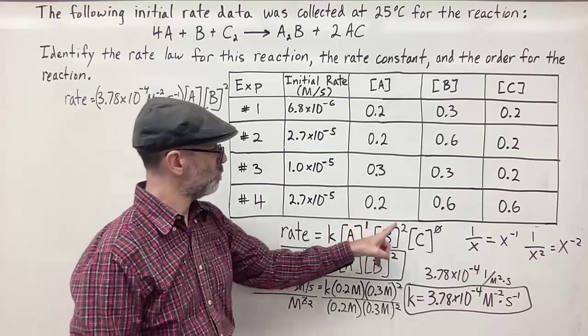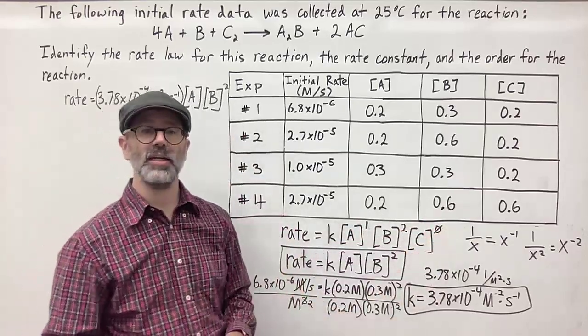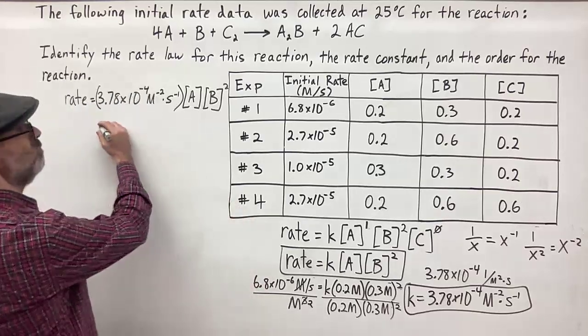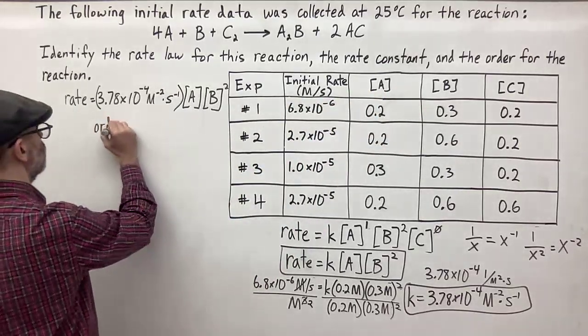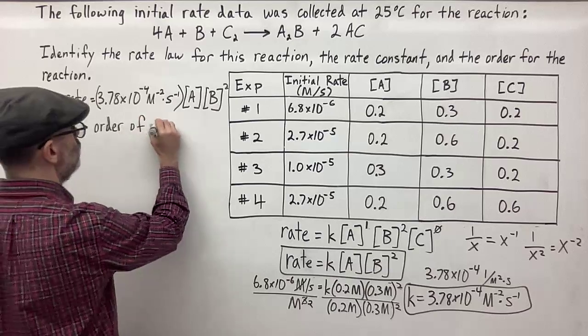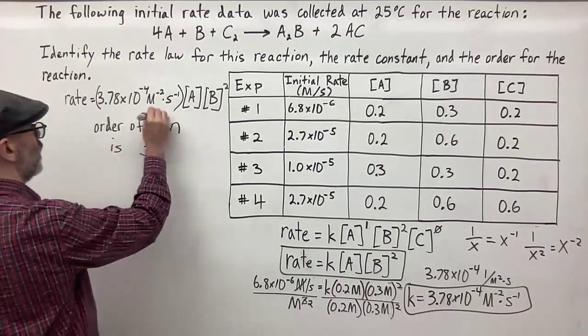So 1 plus 2 is 3, plus 0 is 3. So the order of the reaction is 3.